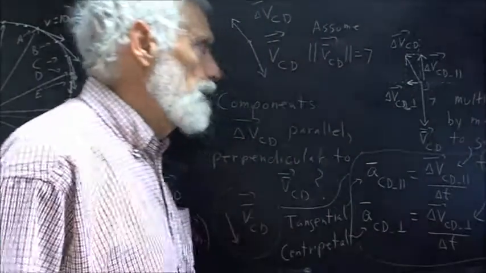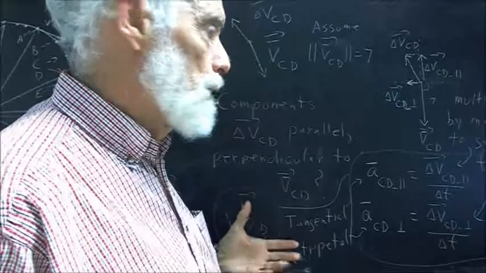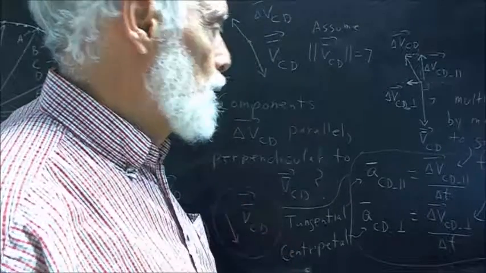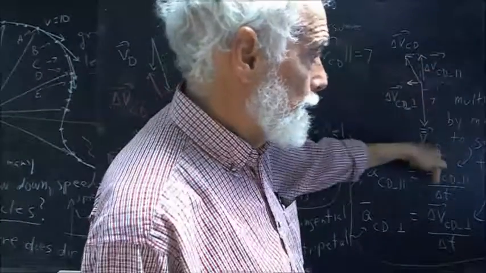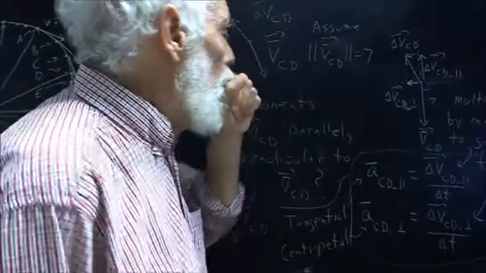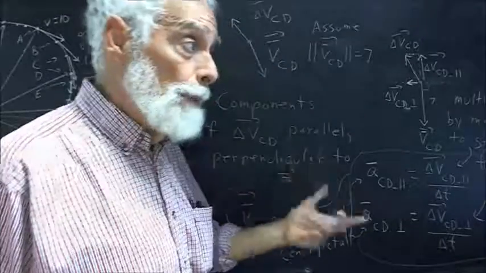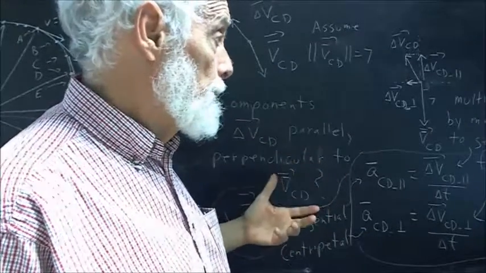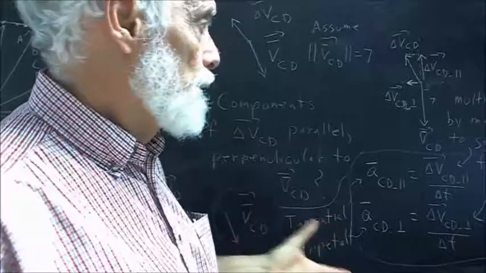Now, what's the significance of the parallel component of the change in velocity? Well, if our velocity is in this direction and our change in velocity is in this direction, what does that tell us about the motion of the object? It tells us that the object is slowing down.